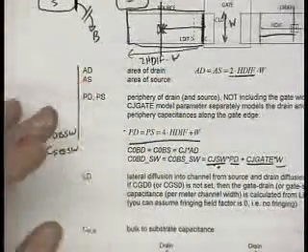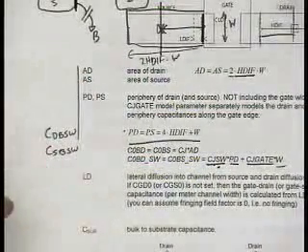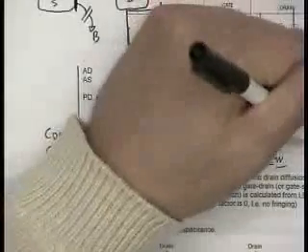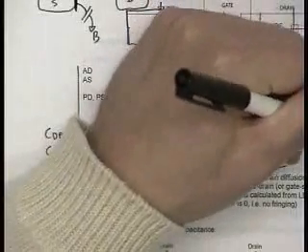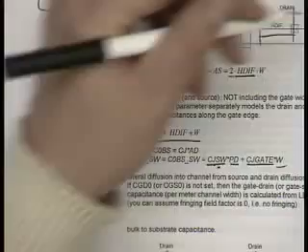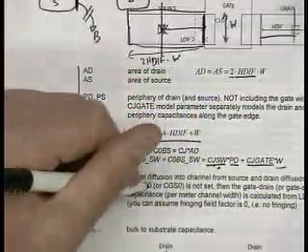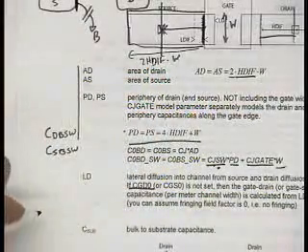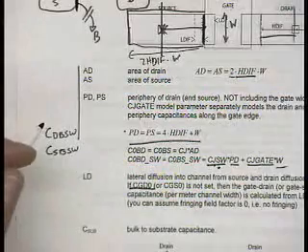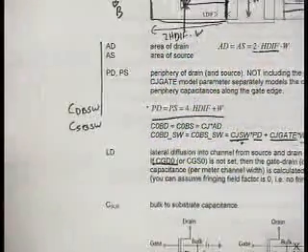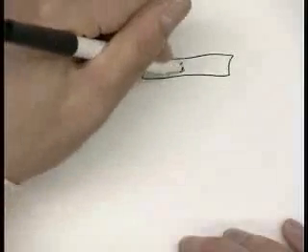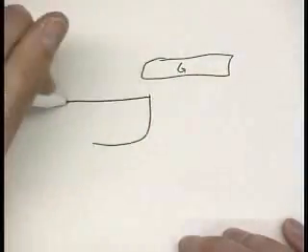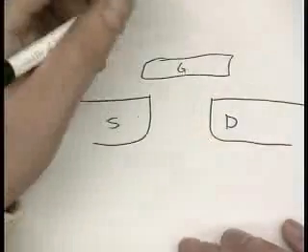The other question is, how do you get CGS? Well, that's just 2/3 WL Cox, right? CGS equals 2/3 WL Cox in saturation. And then CGD0. Okay? Let me draw again this device model, gate, source, drain.